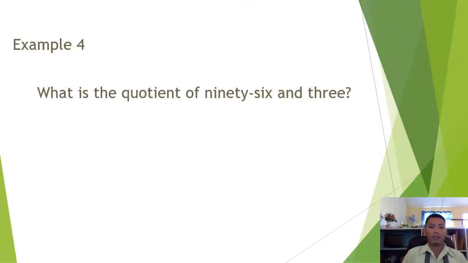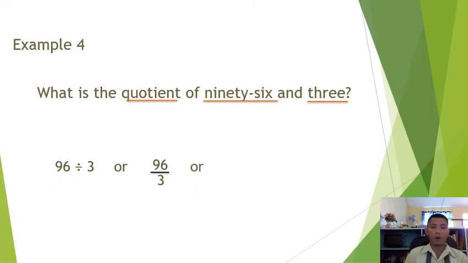What is the quotient of 96 and 3? So the quotient means the operation to be used is division, and the numbers are 96 and 3. So we are going to divide 96 by 3, or we may write also 96 over 3, or we will use this to solve, 96 divided by 3.